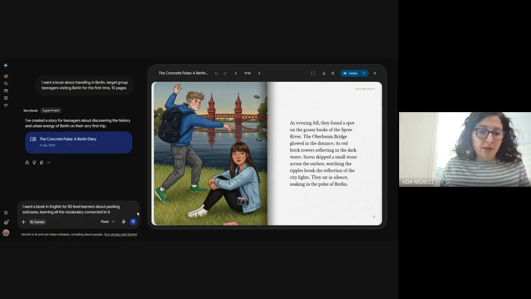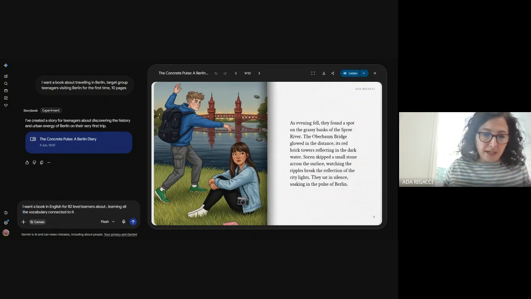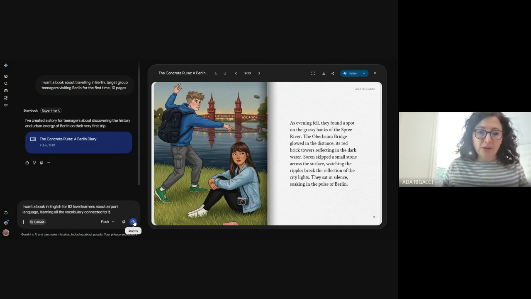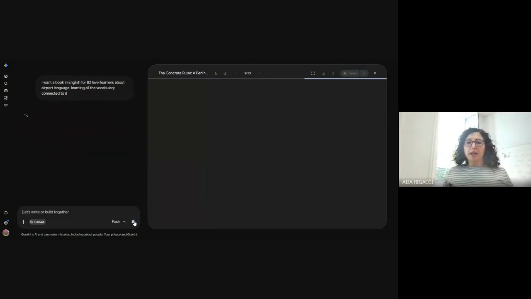Or do we have something better in mind than packing cases? No. Something more difficult, about, I don't know, airport. Checking airport language, let's say. Okay, airport language, maybe useful for today.